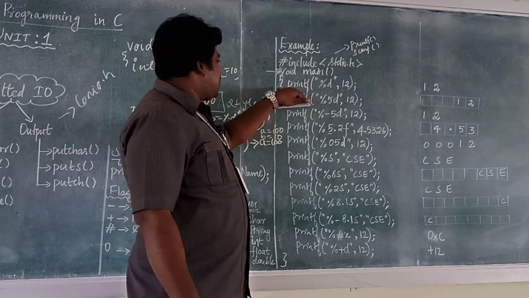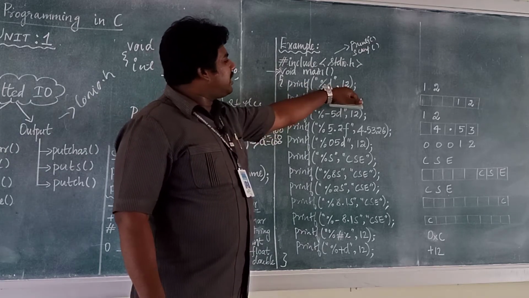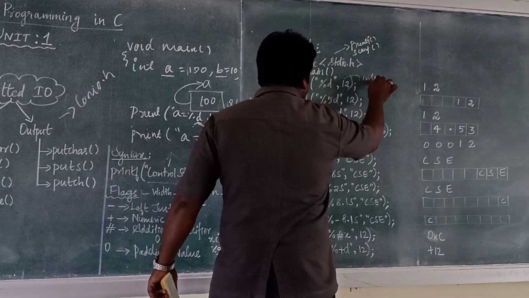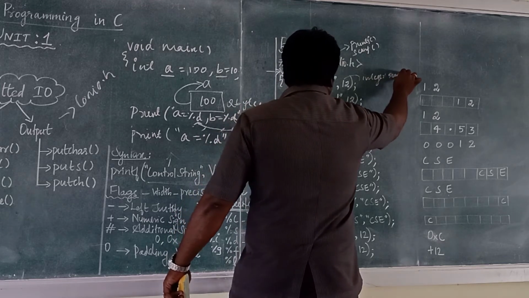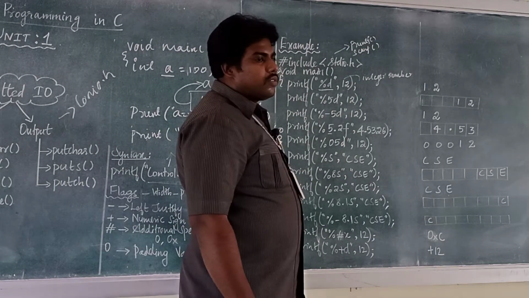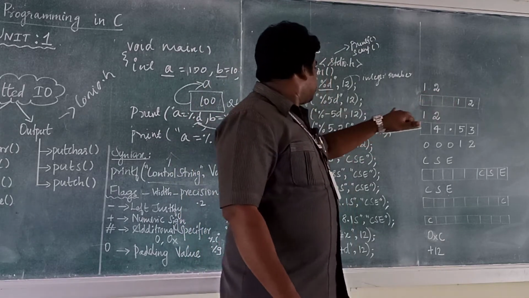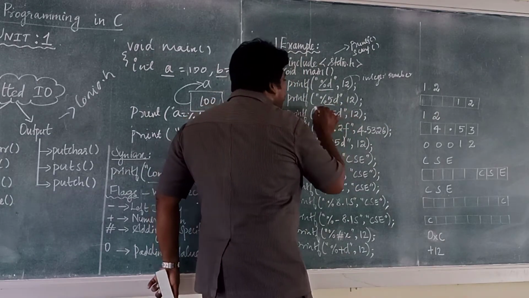Then see here, the curly brace denotes the scope. printf %d, 12. What is this 12? 12 is an integer number, right? That's the reason you are denoting %d. So in the output, it will display only 1, 2. See here, %5d. What is this W?